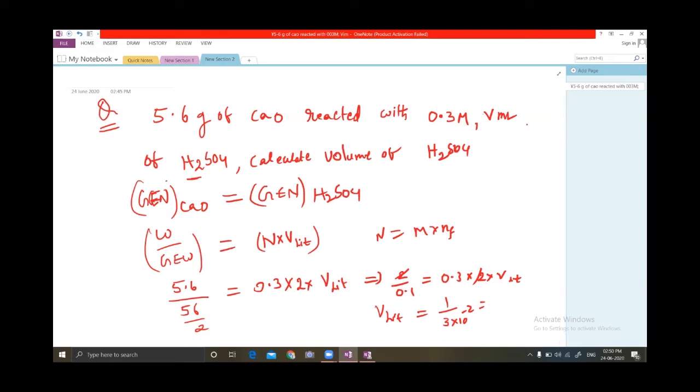N factor, no? The N factor is 2 only. No, you have to convert into N factor or not. You have to use the N factor. Calculate, and we'll get this answer. So 1 by 3.